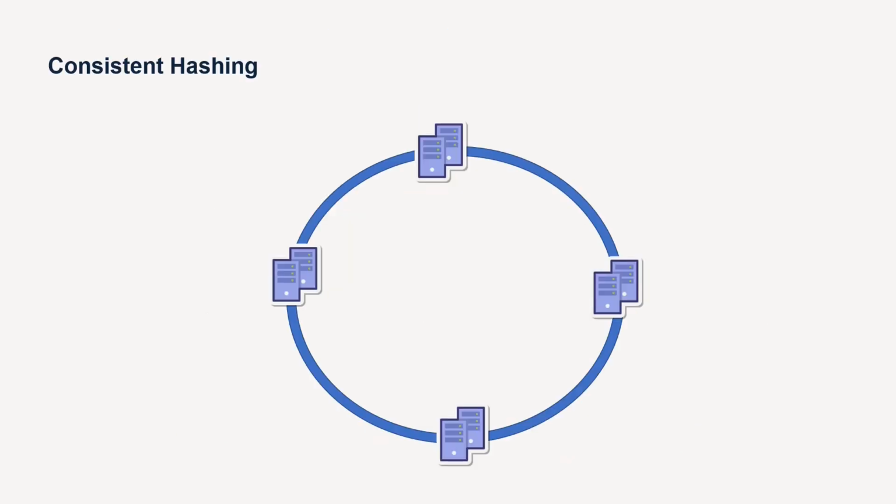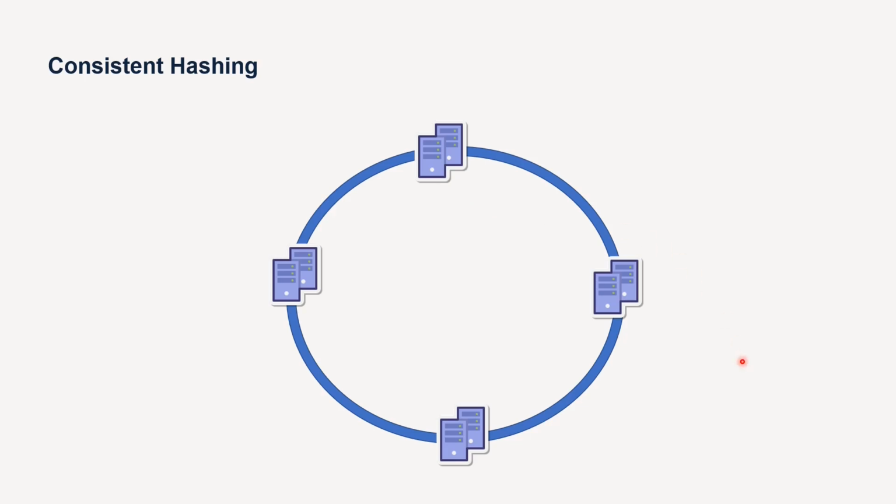So the solution is consistent hashing. In this algorithm, we assume that these servers are part of one ring. Suppose we had four servers in our previous example. Similarly, we will take these four servers here also.